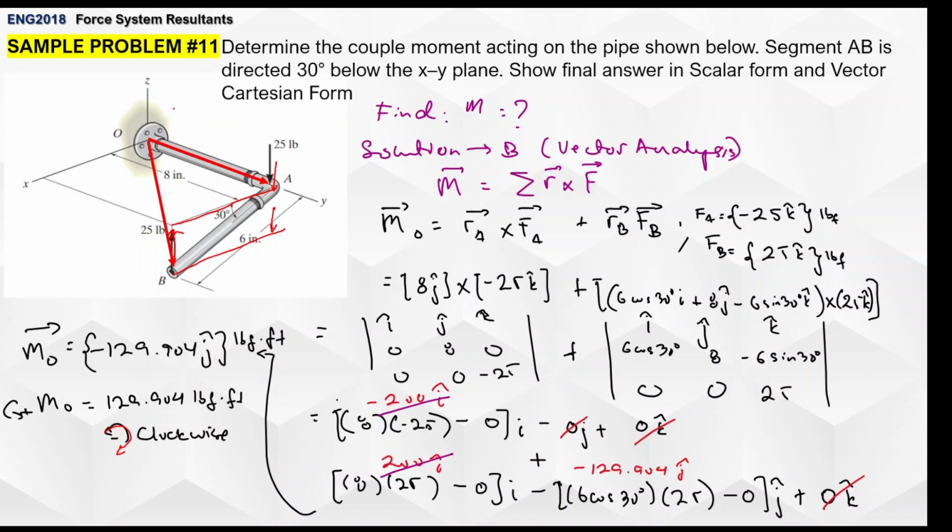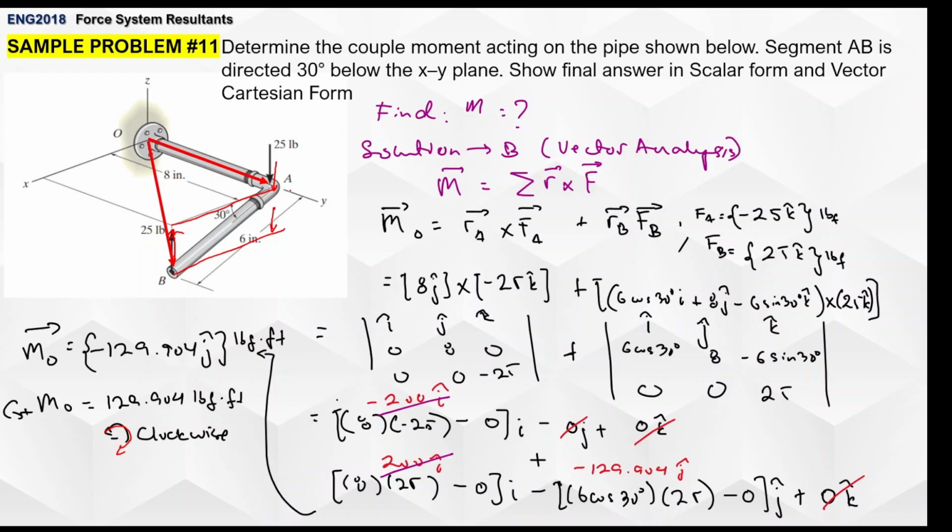So the position of FA here, we took the very end here, and its horizontal distance. The 25 pound force here is down at negative 25 k. So this is negative 25 k, because it is going downward. That's where the sign matters.